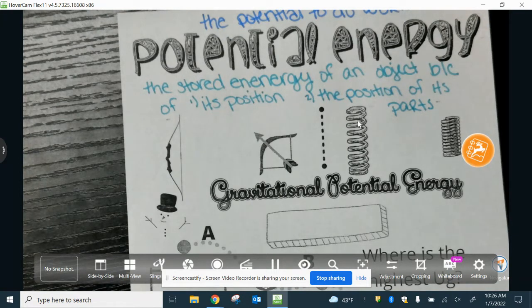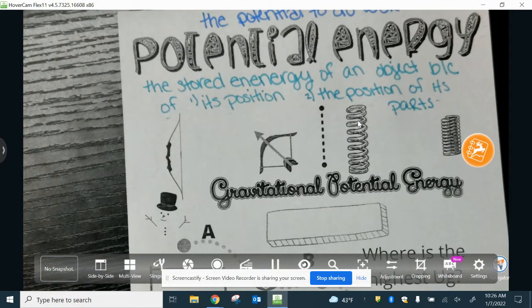We have a bow for archery. When you pull back on the string, you are changing parts of that object's position. You're changing the position of the string, and you're increasing the potential of that object to do work. So as you pull back on that string, it's changing its potential energy. And if you were to let it go, that's when your arrow flies off.